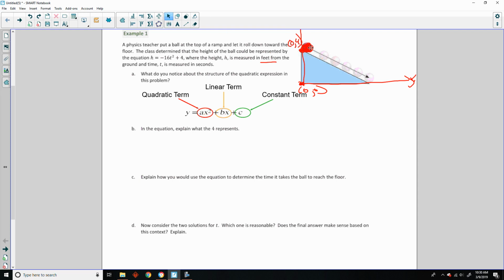As the ball rolls down the ramp, when it hits right here, we're on the floor. So we would let h equals 0. Height 0. How long does it take for it to get to 0?